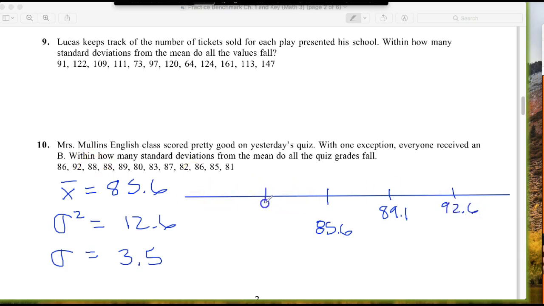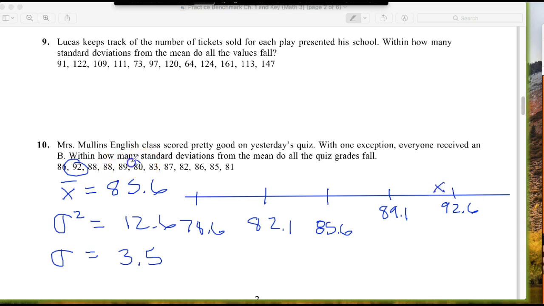Okay, and then let's go below. 85.6 minus 3.5, one standard deviation below, I get 82.1. And let's go one more. 82.1 minus 3.5 gives me 78.6. And I can see that's where they're all going to fall. My highest value was 92, which is going to fall in here.